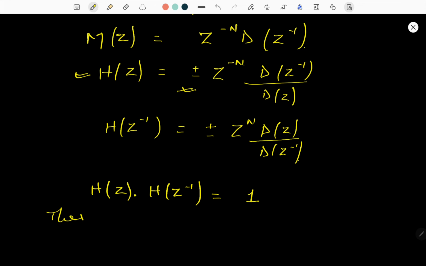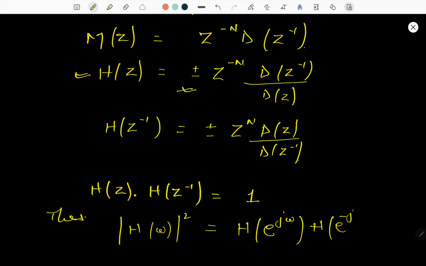Thus mod of H(omega) square will be equal to H(e to the power j omega) into H(e to the power minus j omega), which will also be equal to 1 for all values of omega.